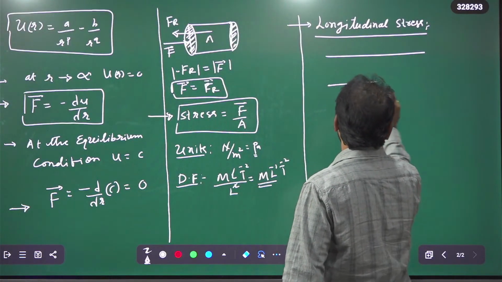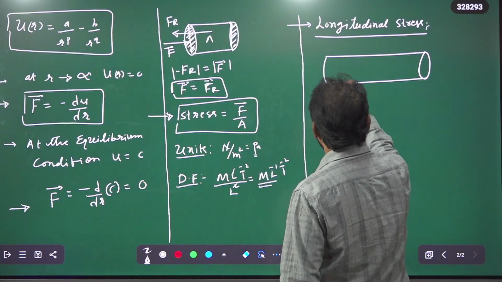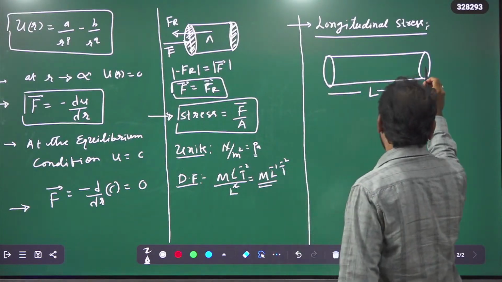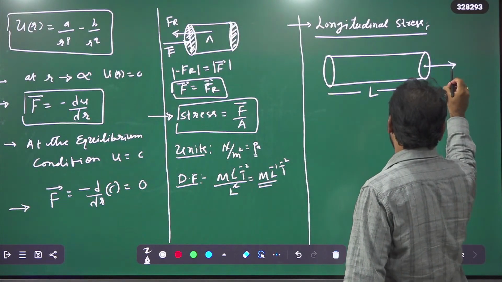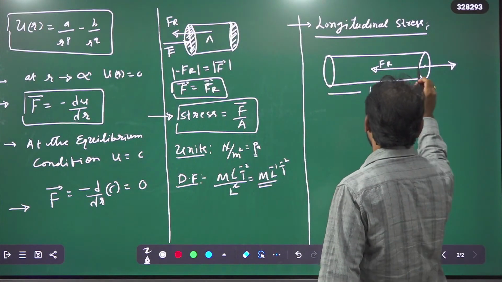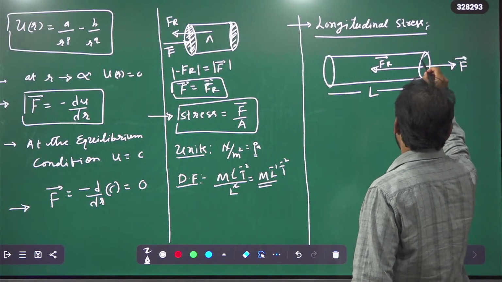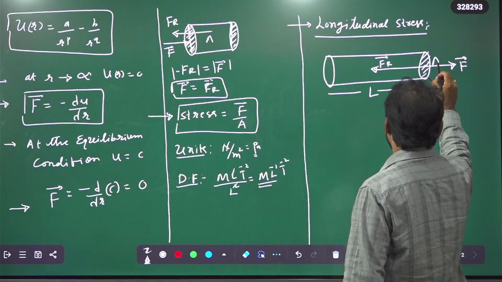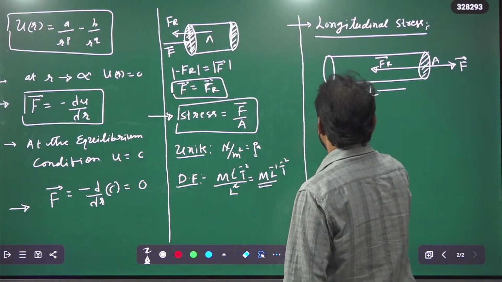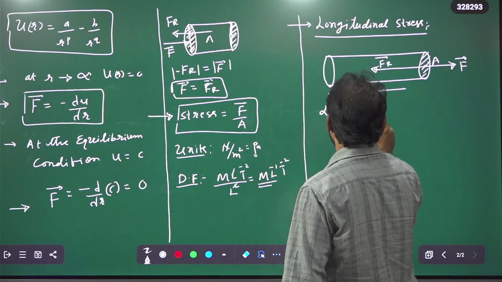Suppose we consider an object of length L, and we apply some amount of force in this direction. The restoring force acts along the direction of the applied force on the area of cross section. Longitudinal stress is equal to F upon A.